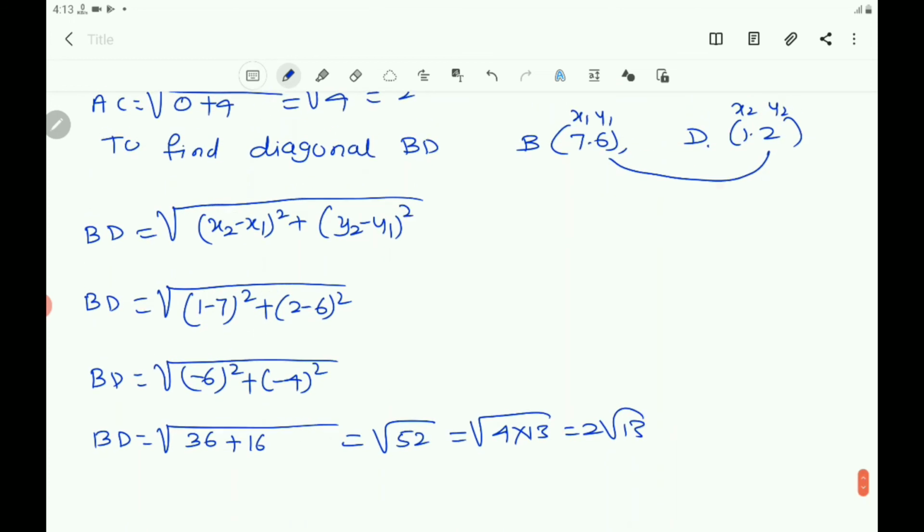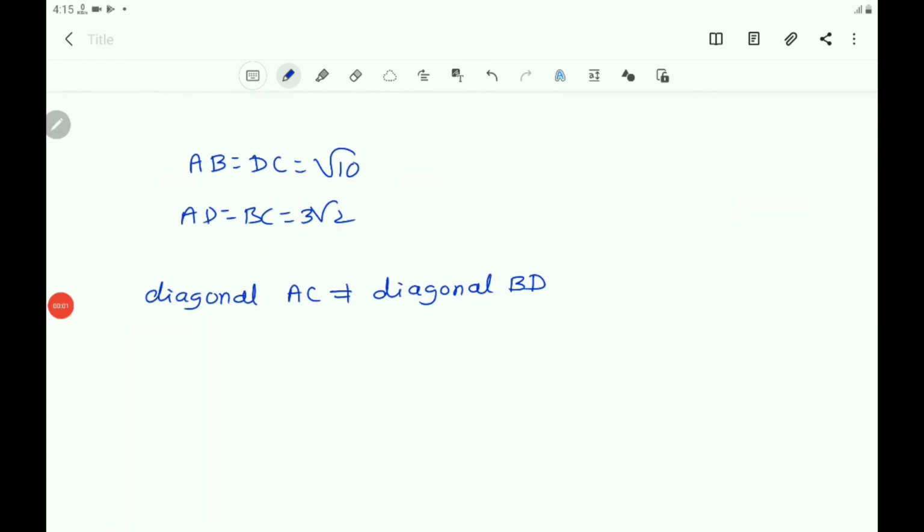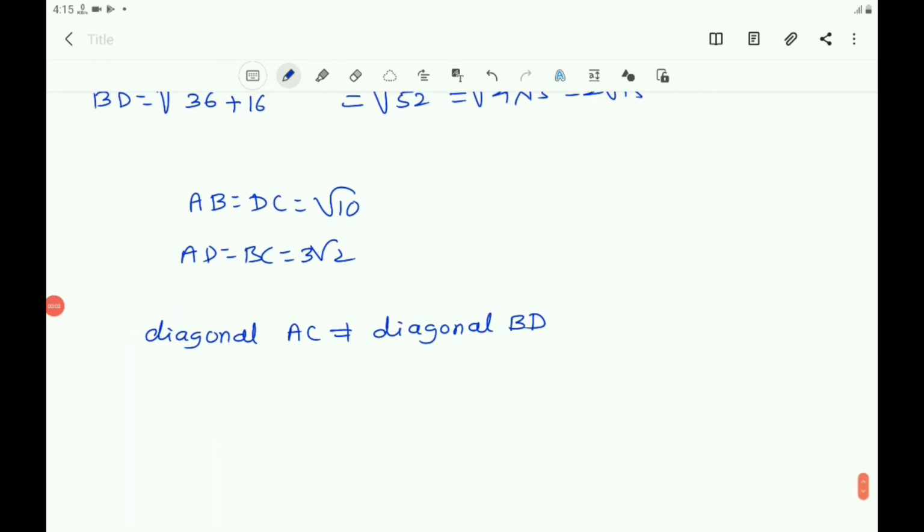So you got unequal diagonals. Here the diagonals are unequal. ABCD is a quadrilateral, and the opposite sides AB and DC are equal, that is root 10, and AD and BC are also equal, 3 root 2, and the diagonals are unequal.